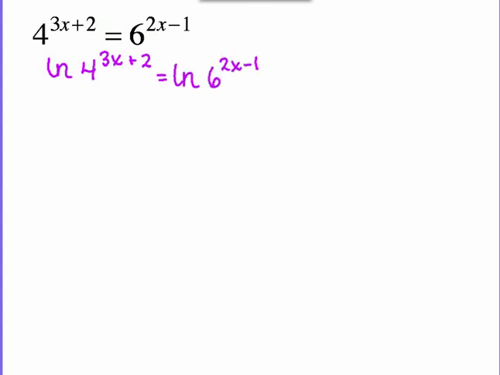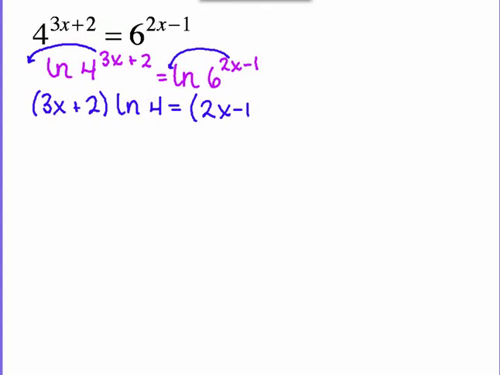Now, once you do that, you can go ahead and move your exponents around front. So you end up having 3x plus 2 times ln of 4 equals 2x minus 1 times ln of 6.